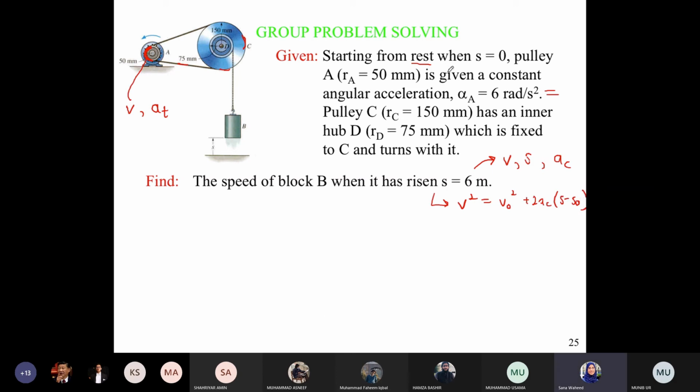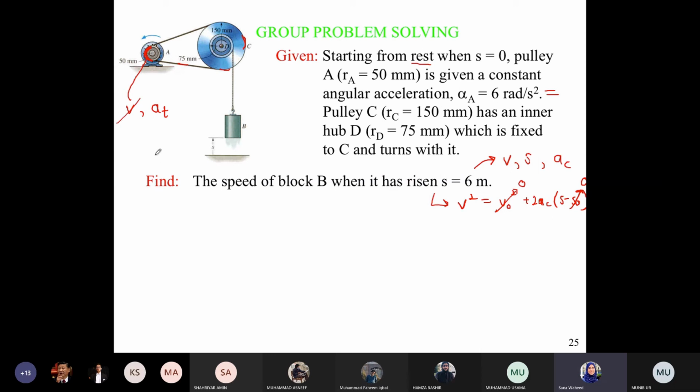Just noting that it starts from rest and starts when S is equal to 0, all of those go to 0. So we only need to figure out this constant acceleration. That's why I'm not going to consider the velocities of the cable, just its accelerations.